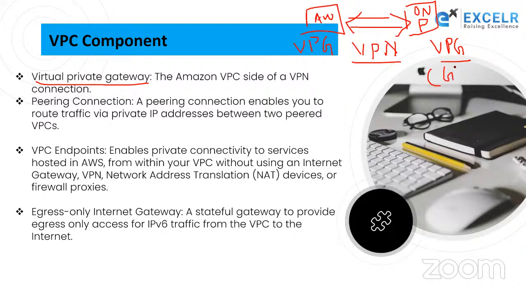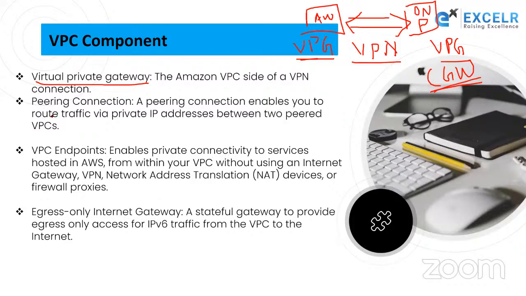Those devices are useful to set up the communication between your AWS and on-premise. The AWS side of the router is called VPG, and the on-premise side of the router is called customer gateway. So that will enable you to have connectivity between these two.